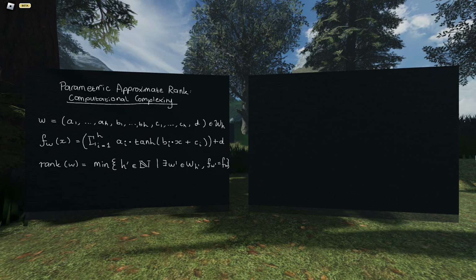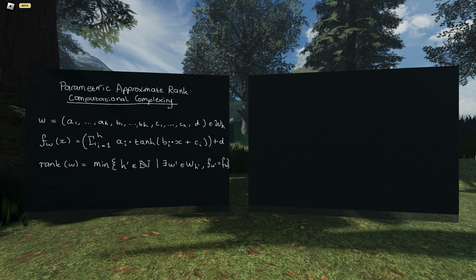Okay, and then finally, the parametric approximate rank. Most of last time was about this concept, which is an attempt to say, in the previous case, you need to have found a parameter that implements exactly the same function.